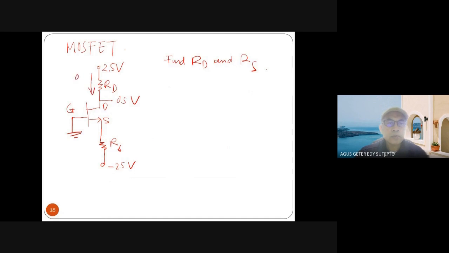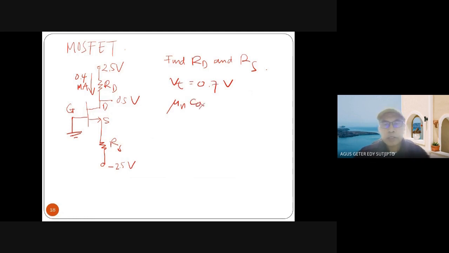So the question is to find RD and RS, where the ID current here is 0.4 milliampere.